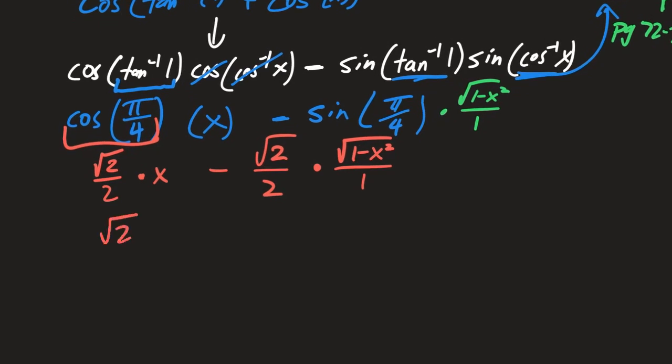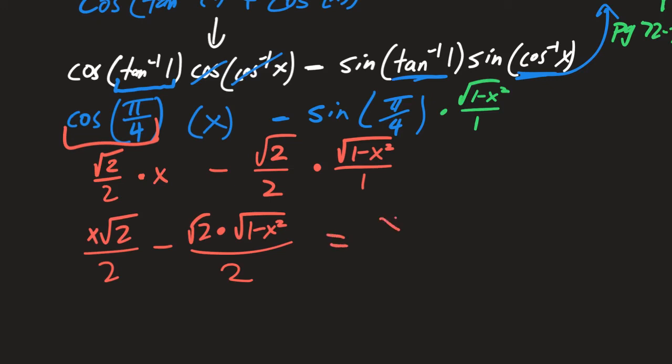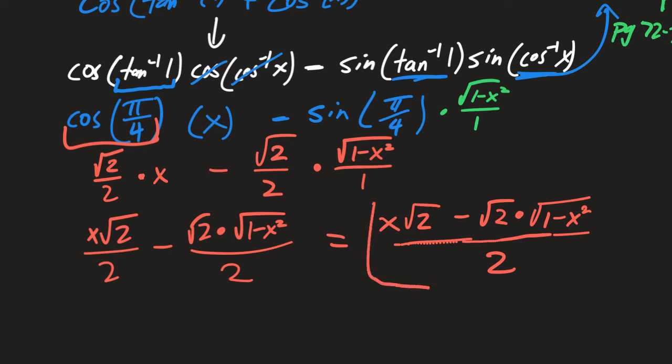Square root 2 with an x minus root 2 times square root 1 minus x squared over 2. And now we could put this together all as a single fraction, and we'll have x square root 2 minus, we can distribute this too if we want, but we can also just leave it as a square root, square root 1 minus x squared over 2. And that's my final expression for this problem.